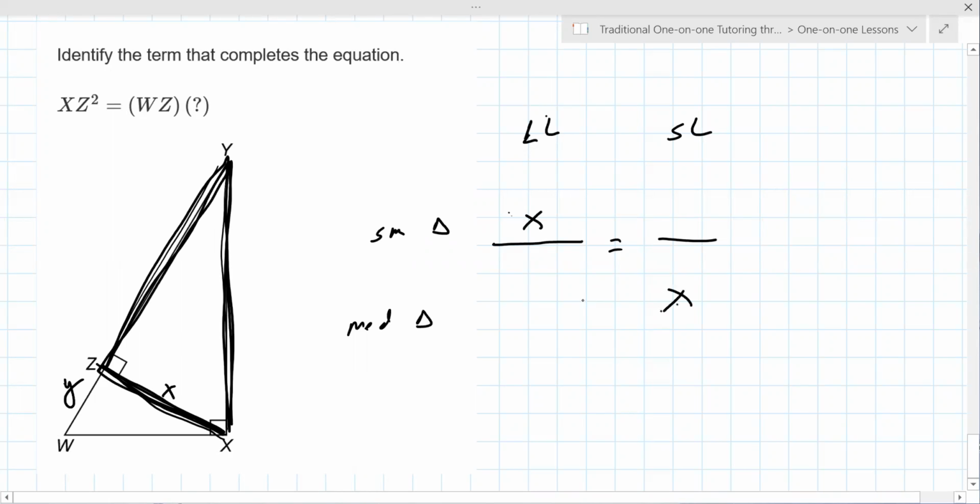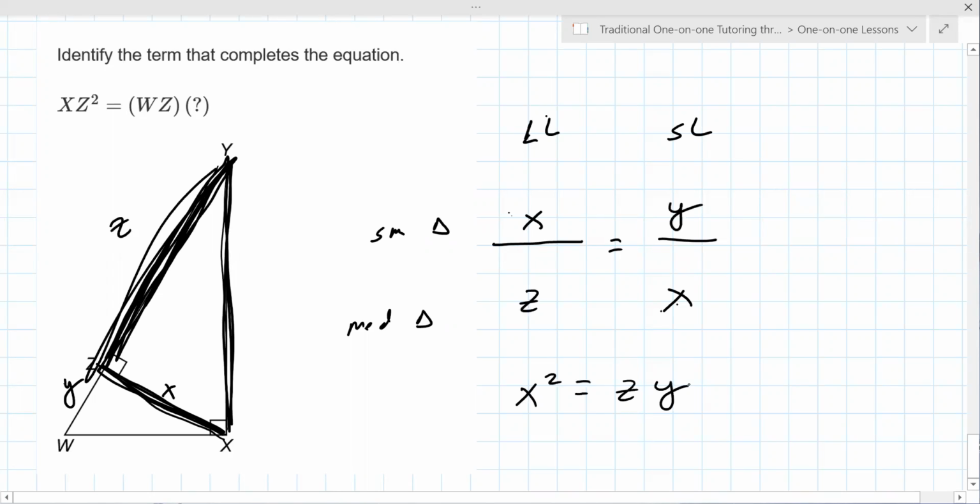Now, in the medium triangle, what is the long leg? We don't have it yet, right? So that's okay. Let's call it z. So z is there and y is there. So x squared equals z times y.